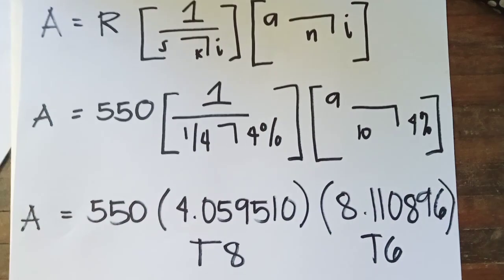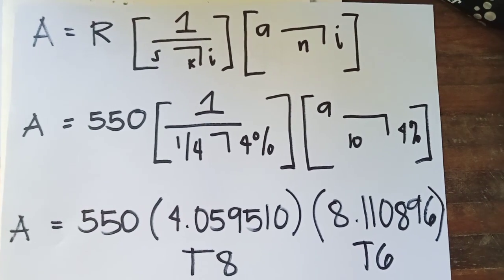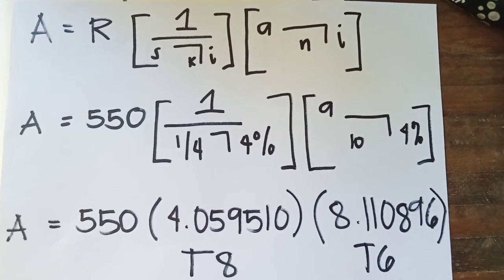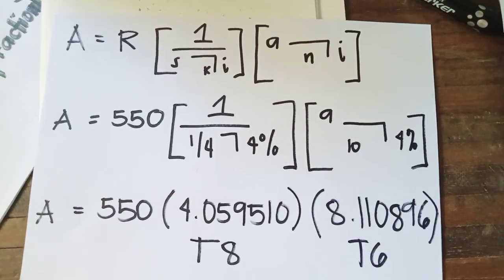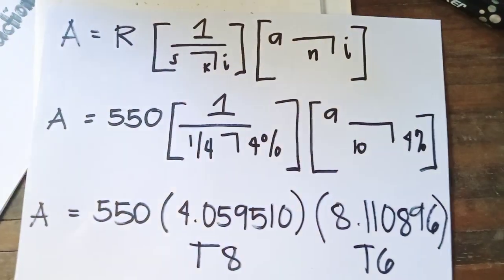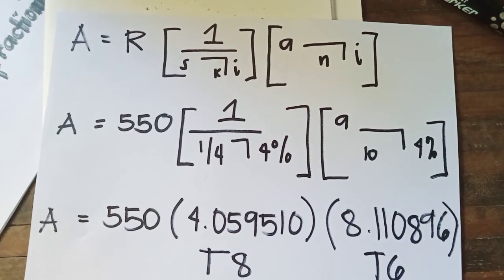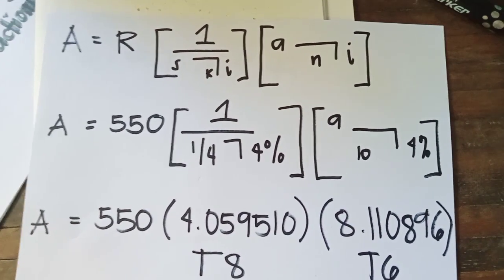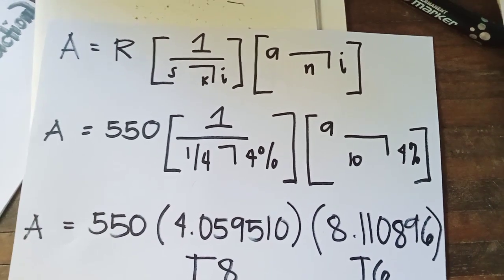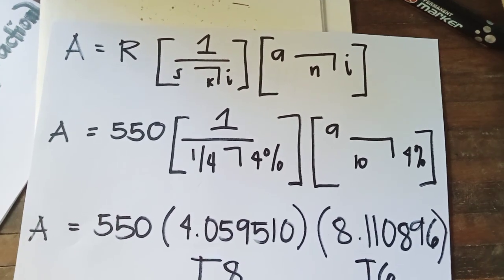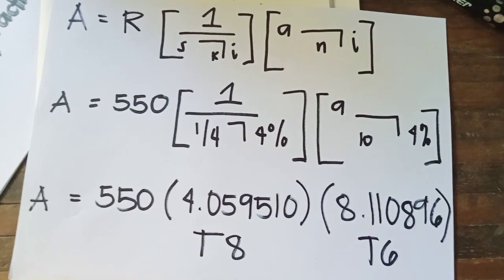After finding I, N, and K, we will proceed to the solving of A. A equals R and open close, and the inside is 1 over S and K angle I, and the second is A and angle I. So A equals 550.